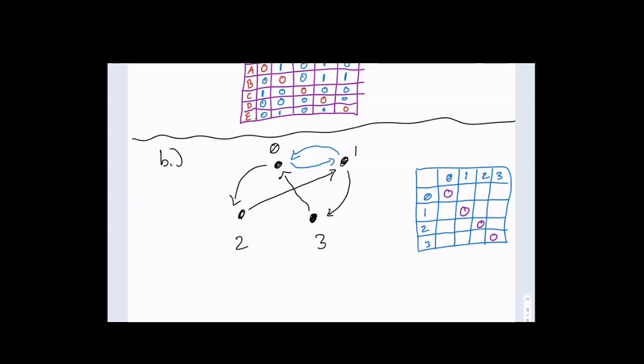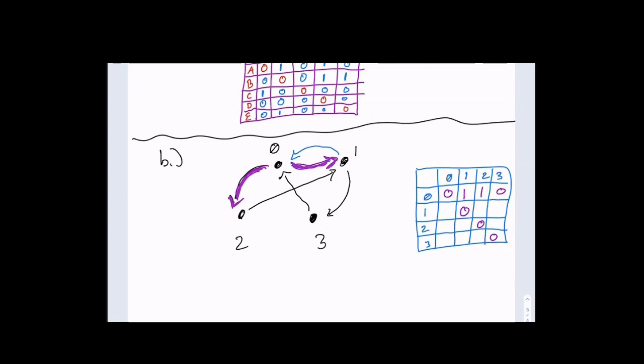So 0, 1 and 0, 2. 0 talks to 1 right there, and 0 talks to 2 right there. And I've noted those in my matrix. We can also just put a 0 now in the next one because 0 does not talk to 3.